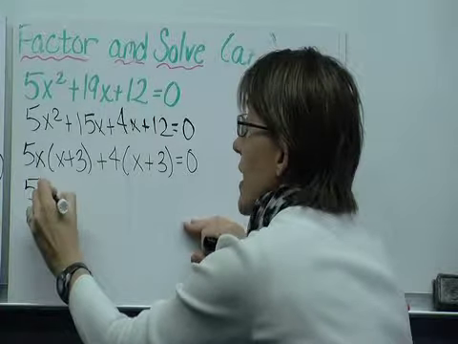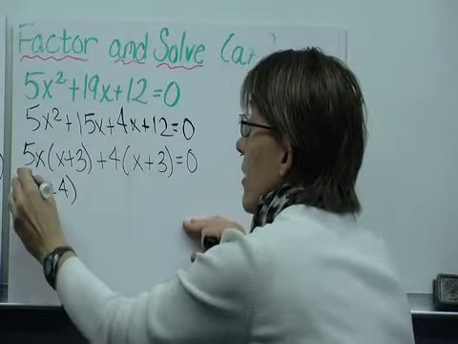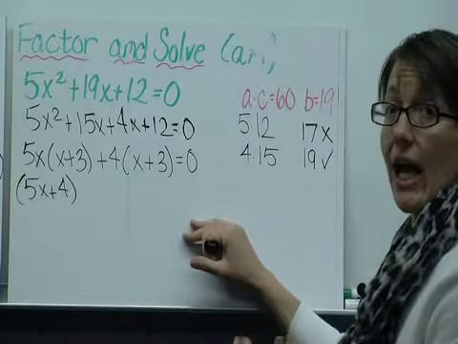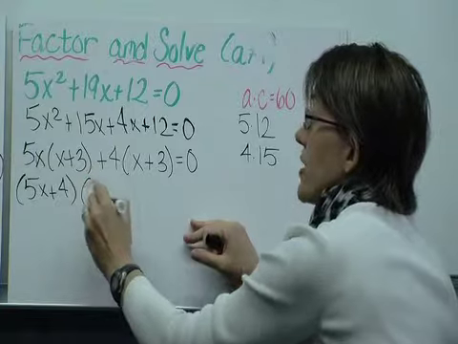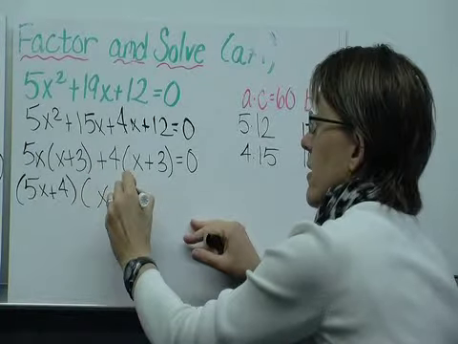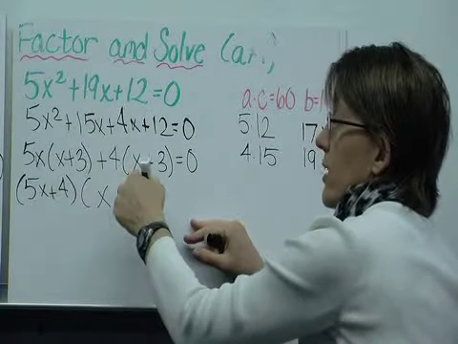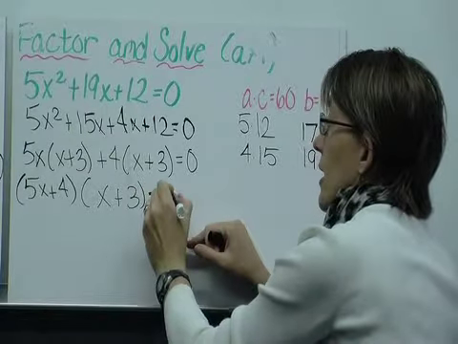My first set of parentheses is going to become the 2 things that were outside the parentheses. So 5x plus 4, that makes my first set of parentheses. My second set of parentheses is going to be this, x plus 3.